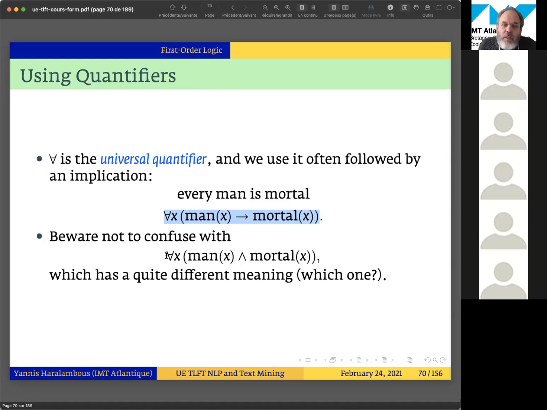This one says for every value of variable x, x is both a man and a mortal. This means that all elements of our domain are men and mortals. This one means in my domain, I may have other elements which are not men and for which I don't know whether they are mortals or not.